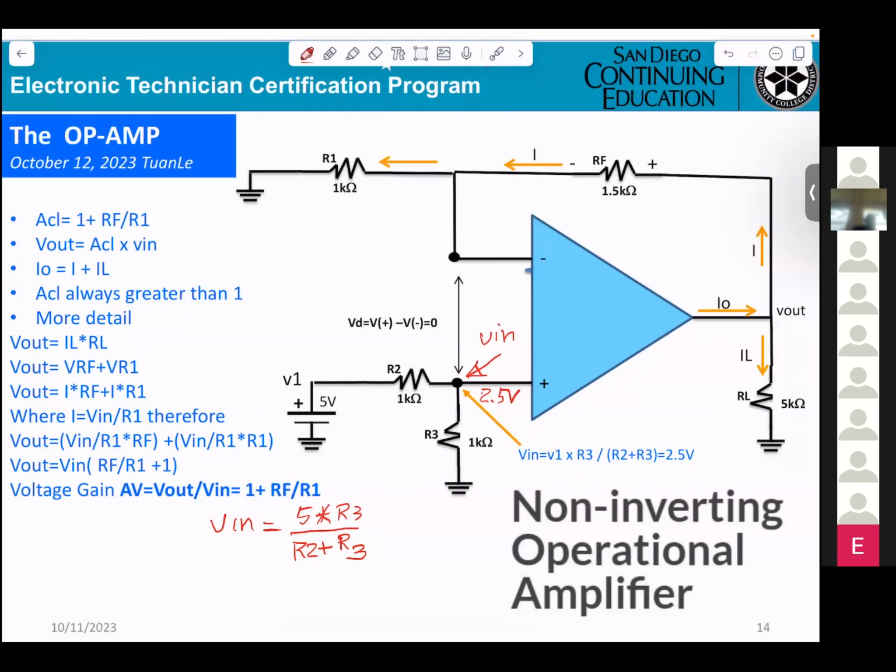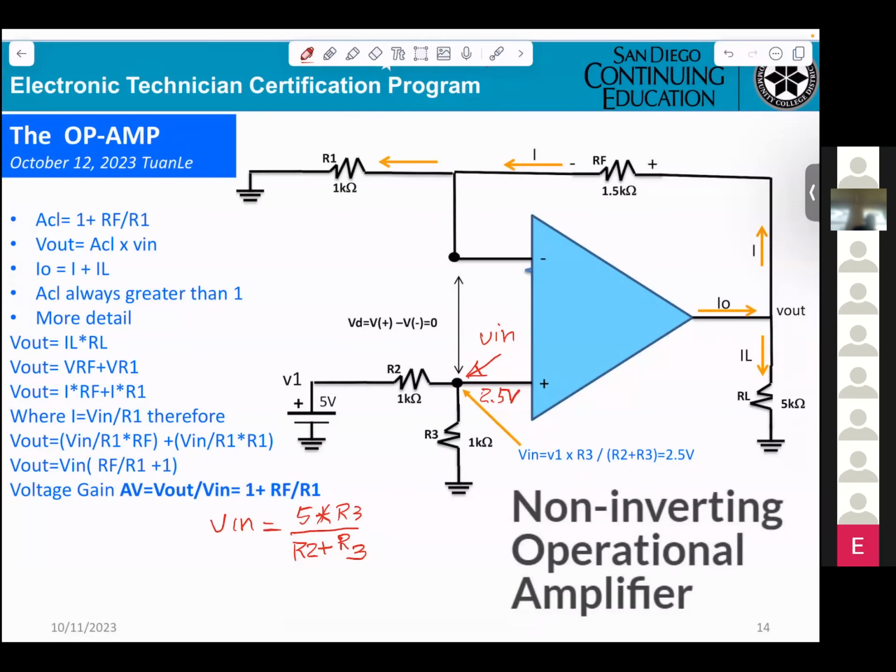Has to be right at the positive. V in. Okay, now my question is, I want to know the voltage here. Who's telling me what voltage here? 2.5. 2.5. Perfect.